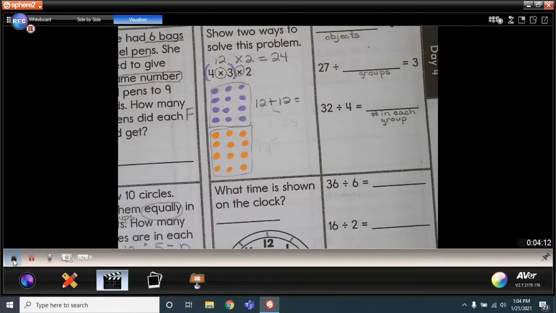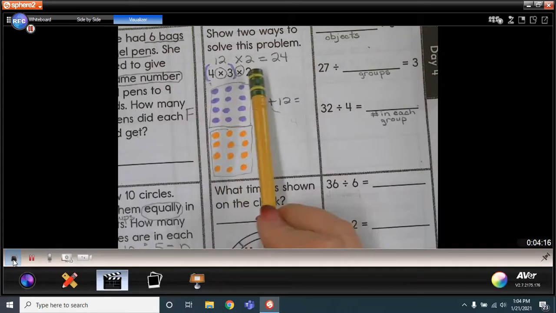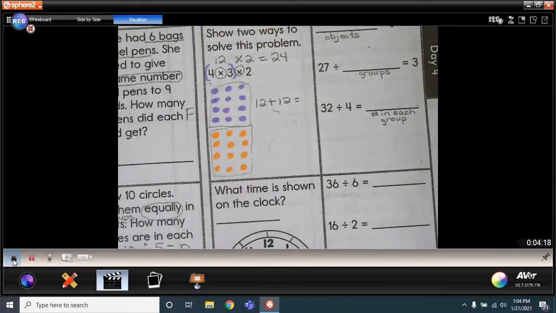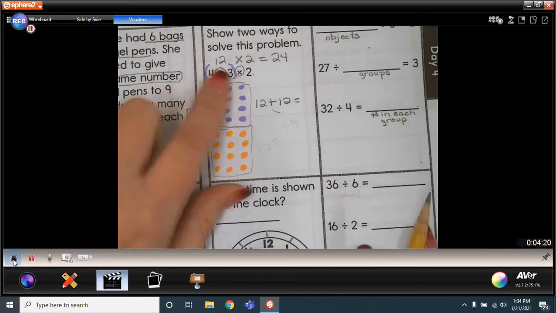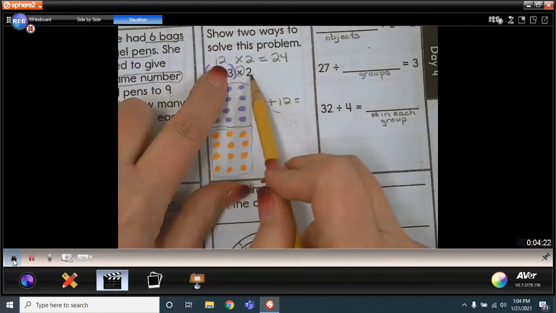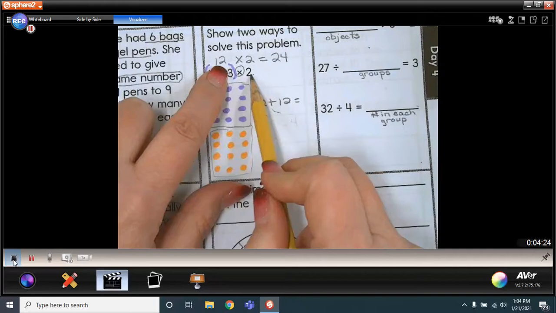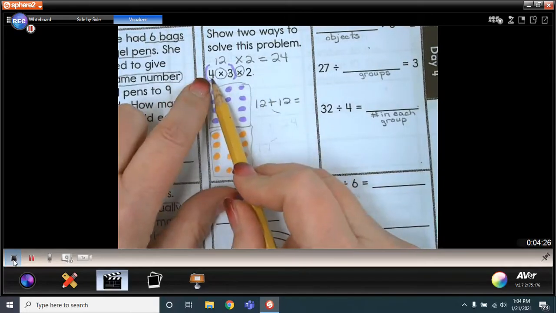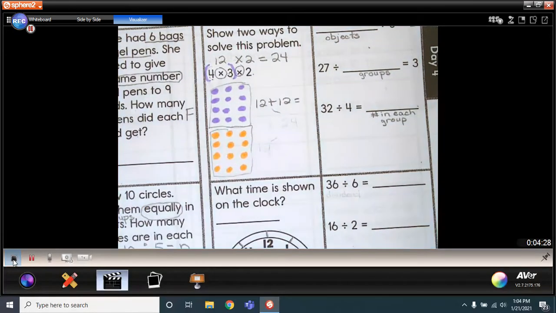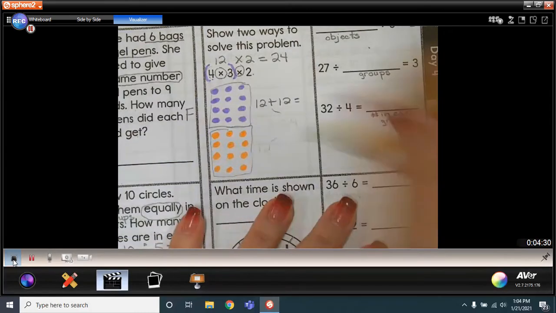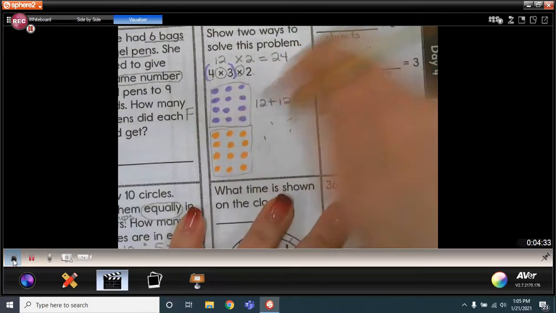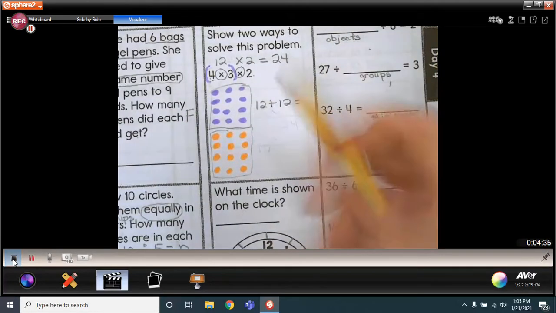Now, what if instead of taking 4 times 3 and doing it twice, I could do 3 rows of 2, 4 times. I could also do it that way as well. But I'm just going to have you do it this one way just to start us off with this idea.